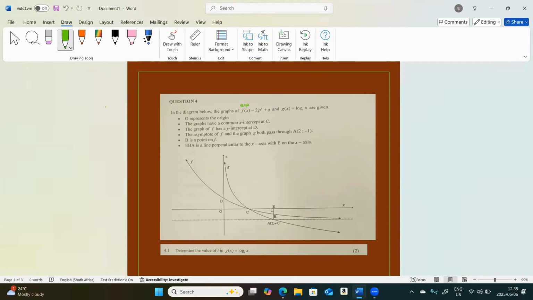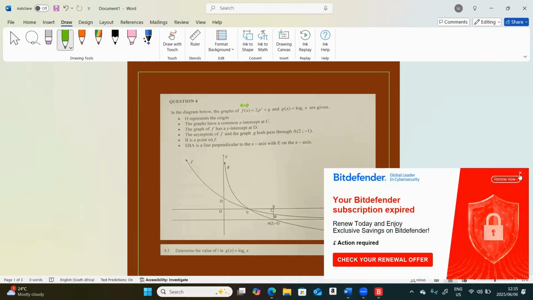The easiest way to see it is that x, our input value, is a power, so that is an exponential function: 2p to the power of x plus q.